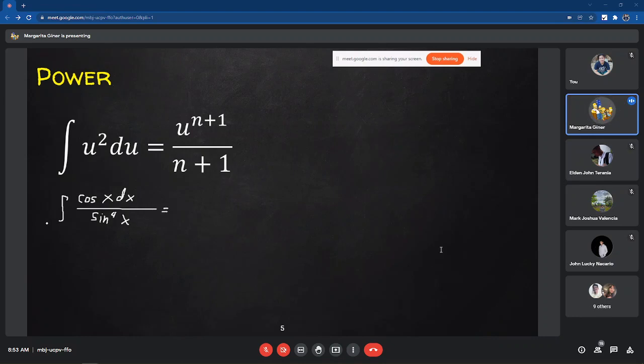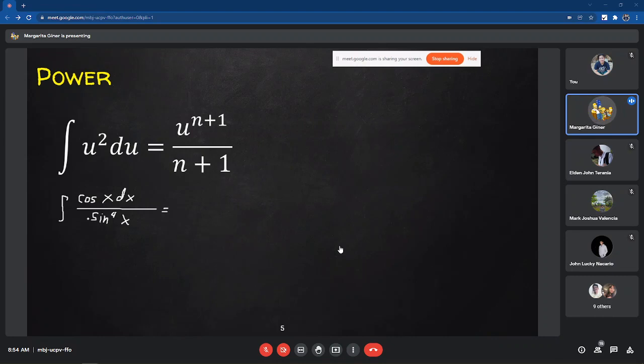Let's say this is the equation. So, how do we convert this into the power rule? If we use logarithmic, the value of your u must match the numerator. But this time, it does not match your numerator. That means we cannot use ln or logarithmic. Since there is a power, the only option is the power rule.